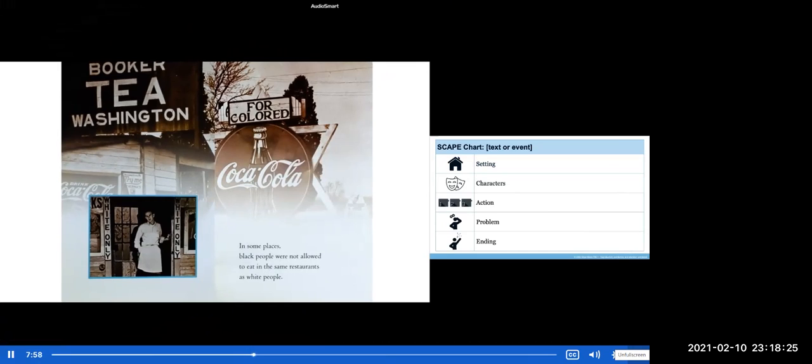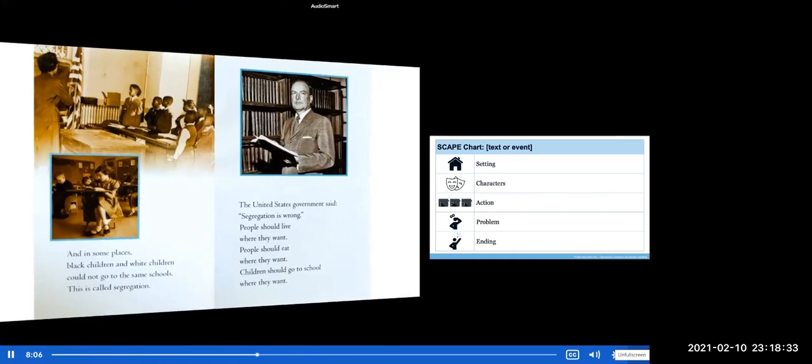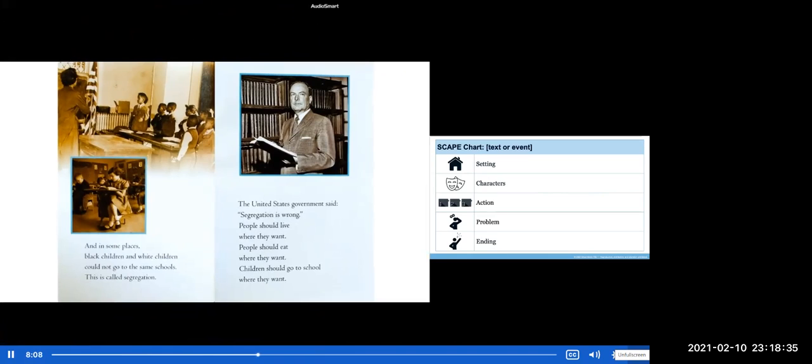In some places, Black people were not allowed to eat in the same restaurants as white people. And in some places, Black children and white children could not go to the same schools. This is called segregation.